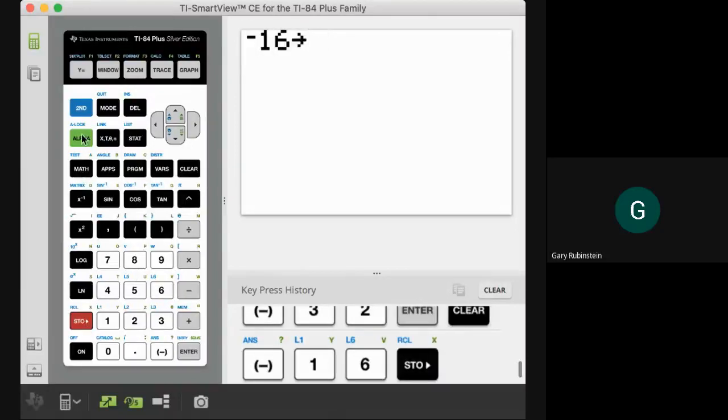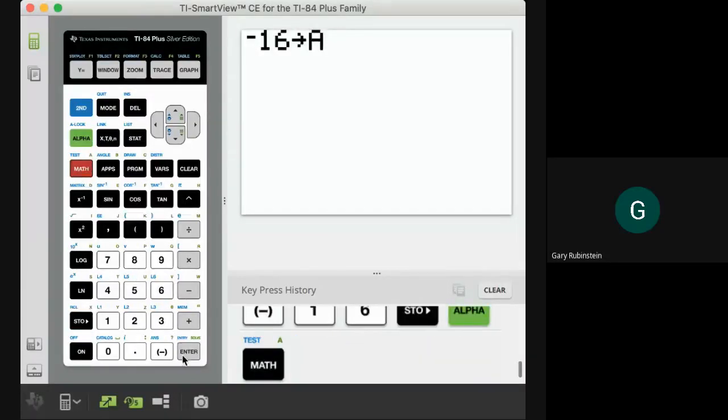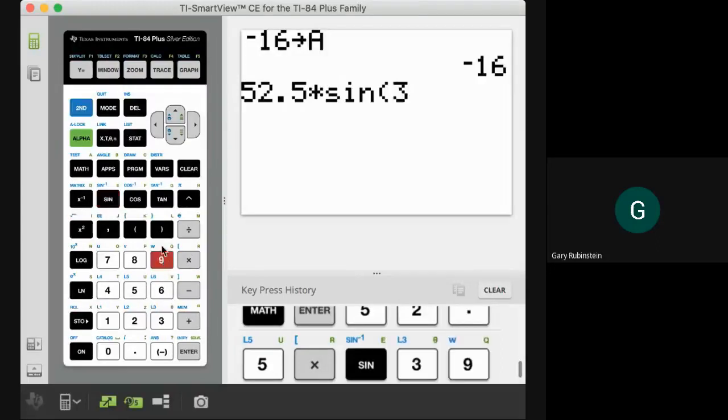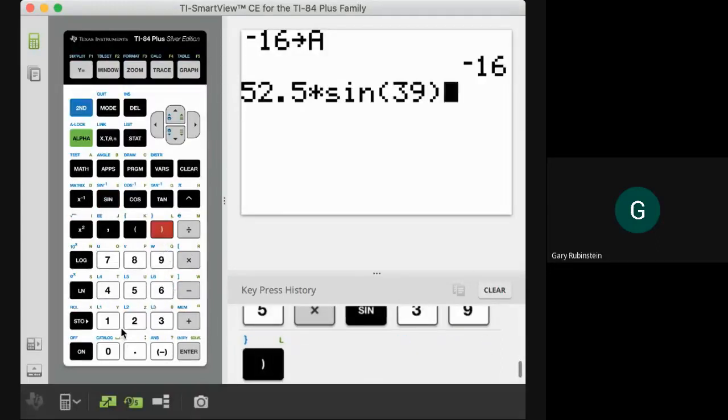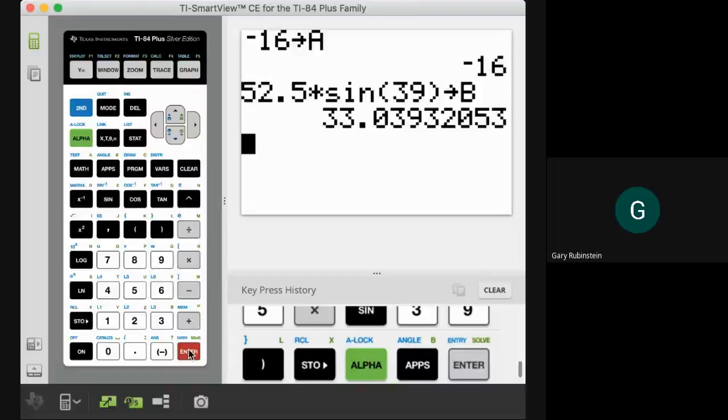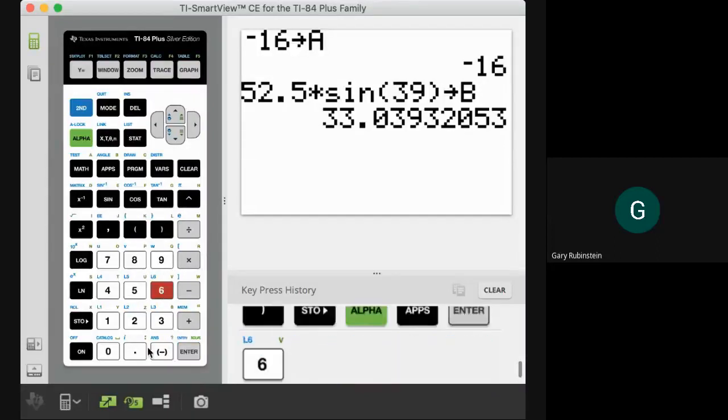I'll store that into a, and the b value is 52.5 times sine 39. I'll store that into b. And the c value is 6.6.